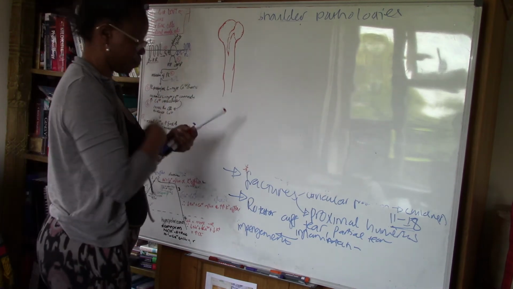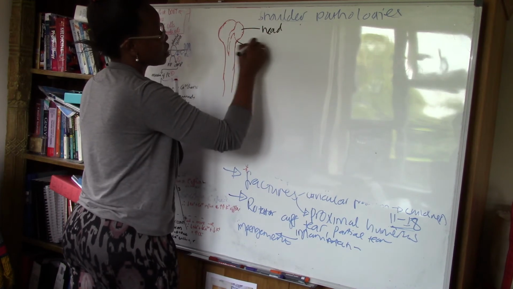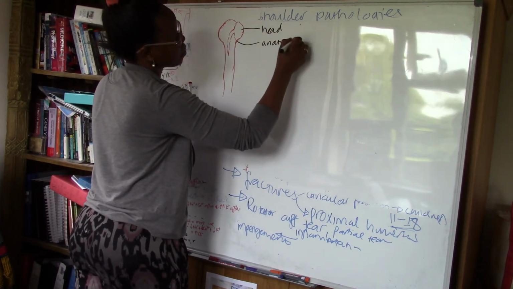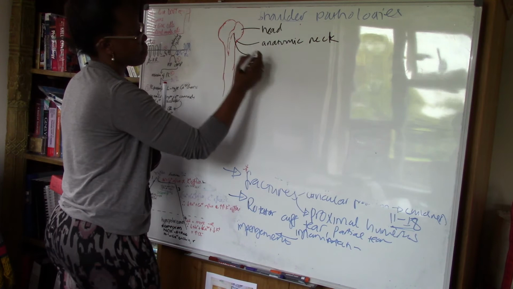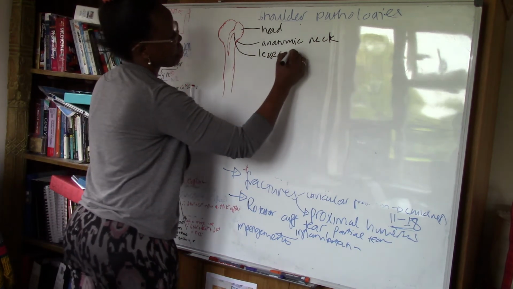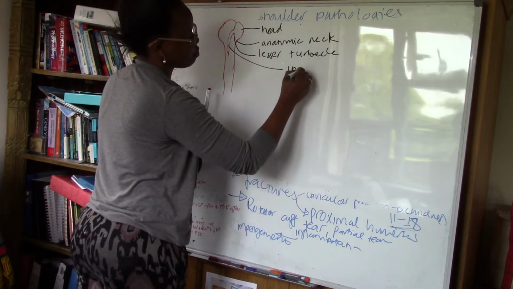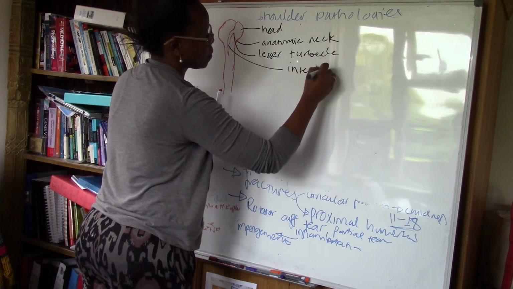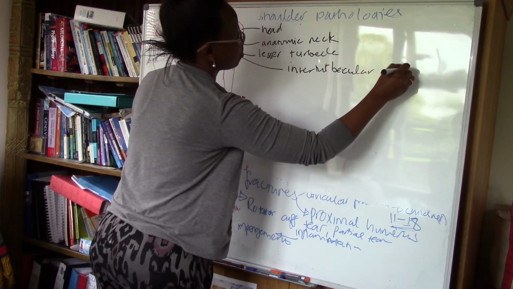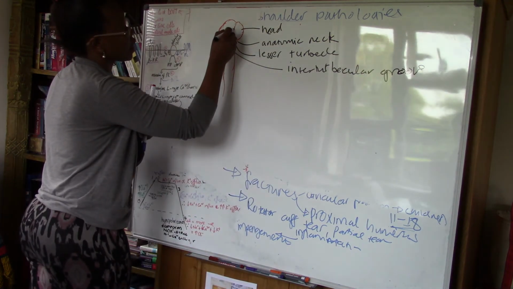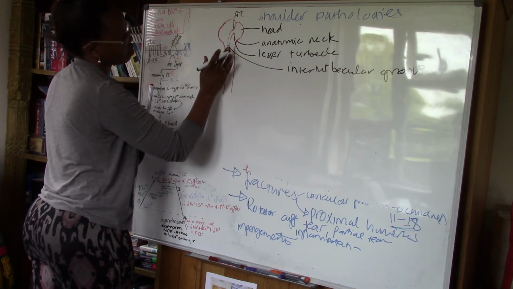so this is the head of the humerus, the anatomic neck, the lesser tubercle, the intertubercular fossa or intertubercular groove, and indeed the greater tubercle, which I'll just write as GT, and then the surgical neck.